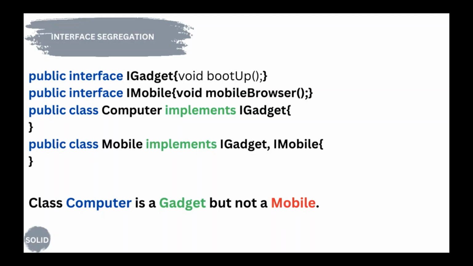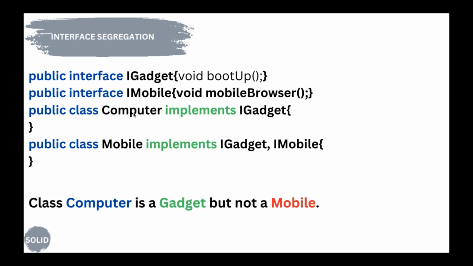Seeing this in an example, we have two interfaces here: IGadget and IMobile. IGadget has methods like boot up your gadget or shut down. And then you have the IMobile interface, which has a mobile browser, just an example of what you can have for IMobile. So these are the different classes that implement these interfaces.